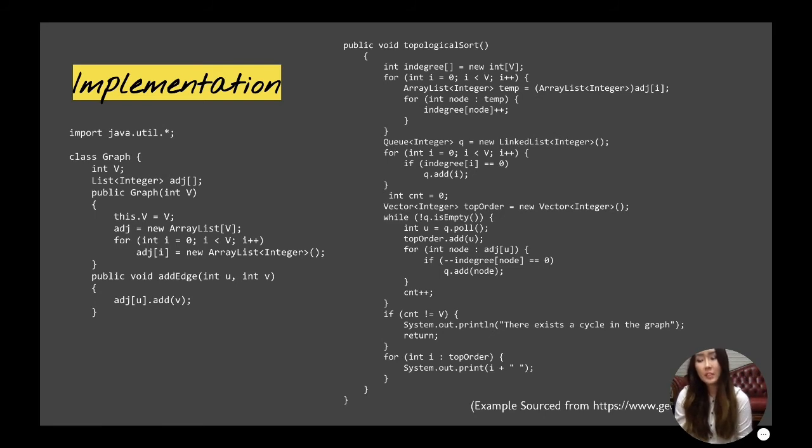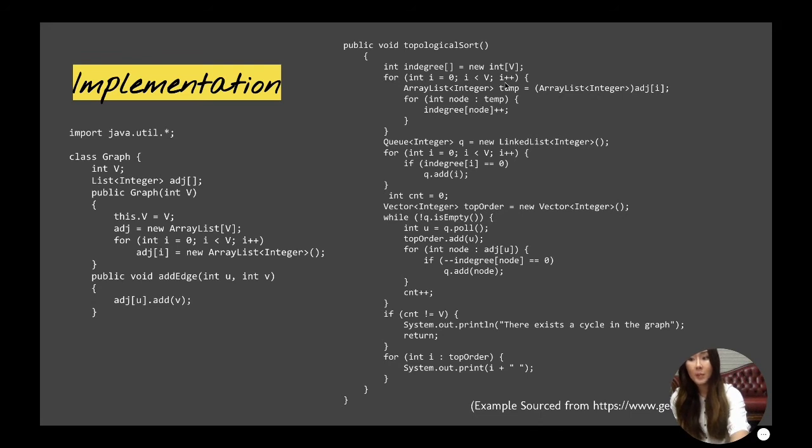And there's a list that contains the references to the adjacency list of each vertex. We are defining the constructor here, and we're moving on to this addEdge method that will add an edge to the graph.